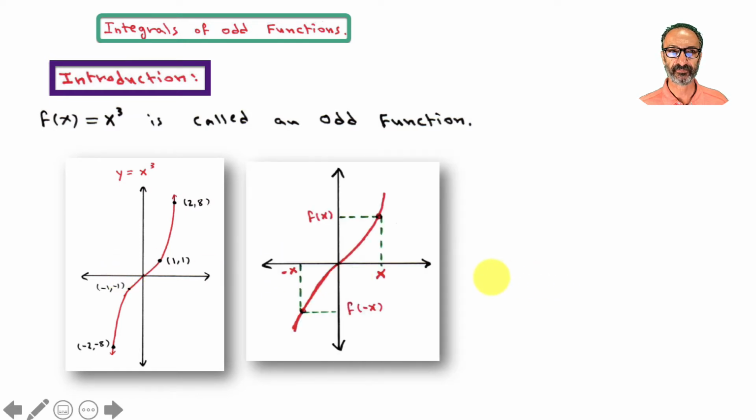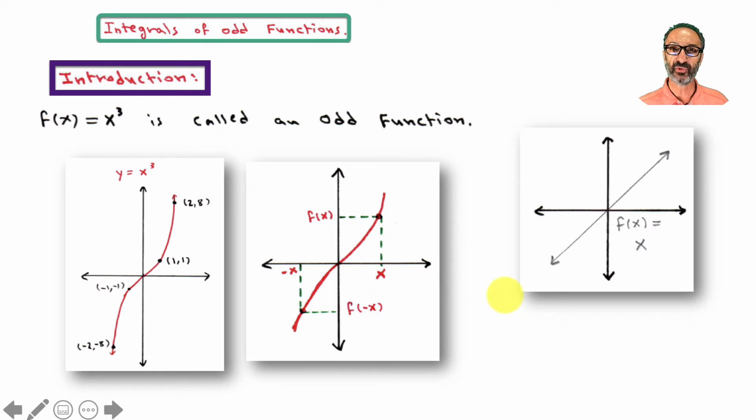X takes you to a value called f of x, but on the other side, negative x doesn't take you to the same value, it takes you down to the bottom side to make the symmetry about the origin. So in evens, we use the word same. Here we don't say the word same, we say opposite. If this is 8, this is opposite, negative 8.